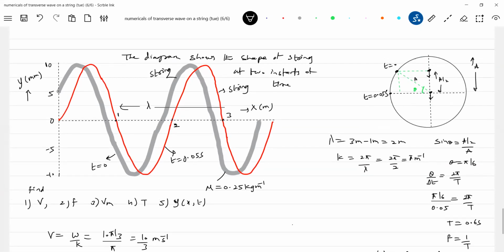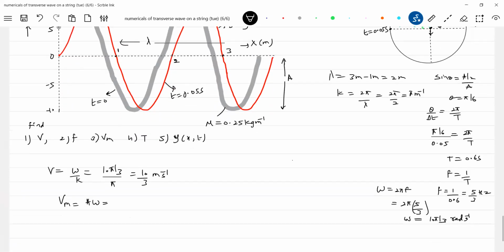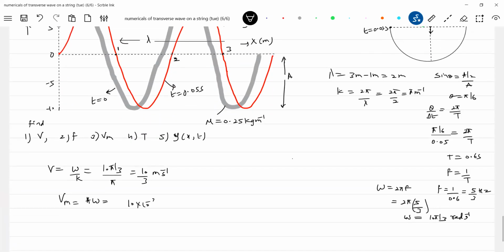This should be the amplitude, no? Ten millimeter. 0.1 pi by 3.